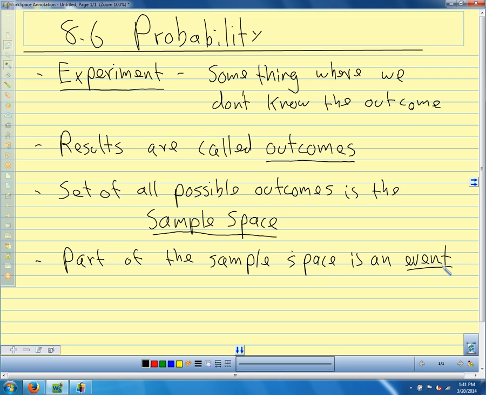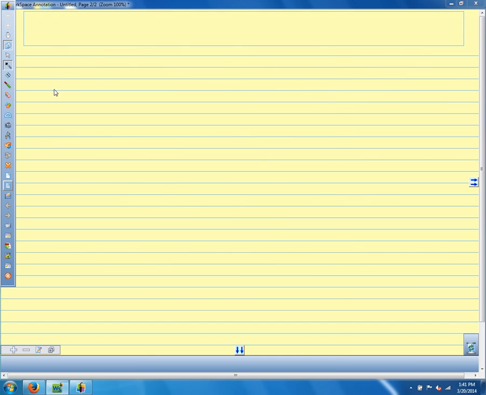So let's define what we mean by probability. The way we're going to calculate it: let's say we have an event with a certain number of equally likely outcomes.